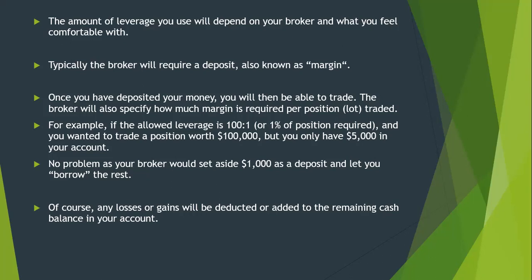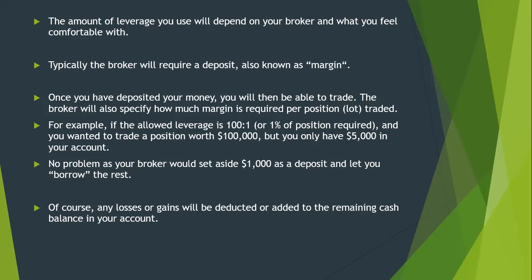For example, if the allowed leverage is 100:1, and you want to trade a position worth 100,000 USD but only have 5,000 USD in your account, no problem. Your broker will set aside 1,000 as a deposit and let you borrow the rest. That's how we use leverage, as borrowed money from the broker or our liquidity providers.